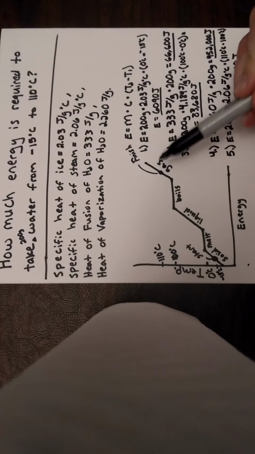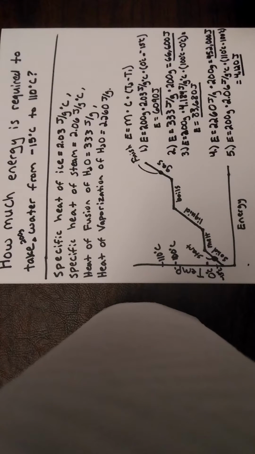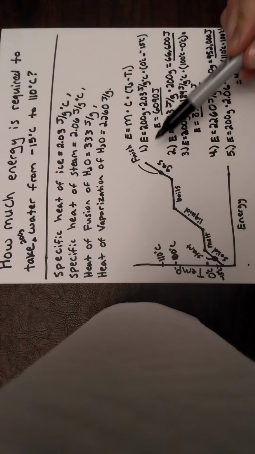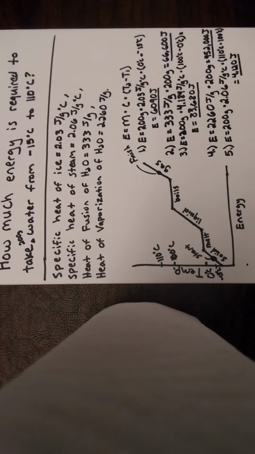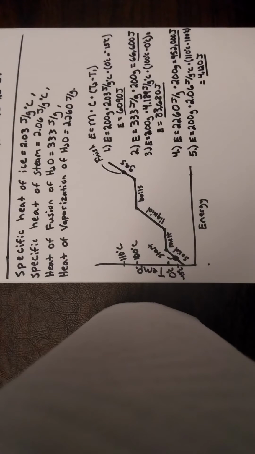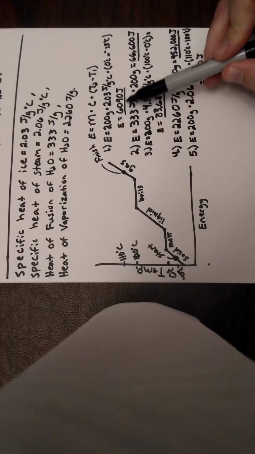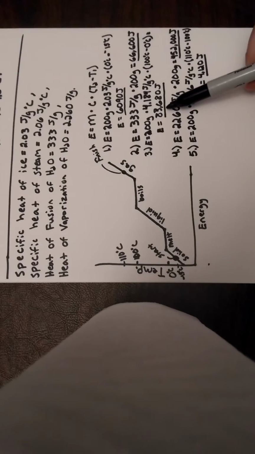We've gotten from our start to our end. We're basically all the way there, except we need the total energy to do all those processes. So now we add those 5 up. Energy in step 1 plus energy in step 2 plus 3 plus 4 plus 5.